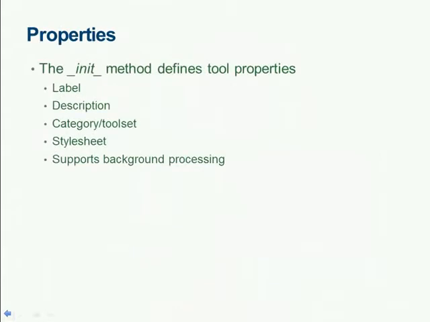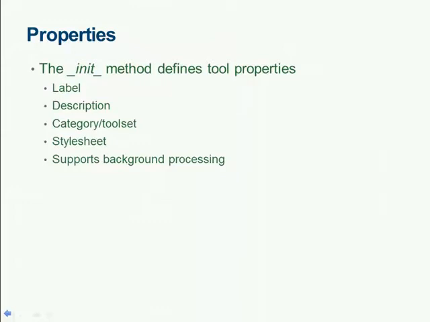So when the tool is initialized, it's going to get some of the properties that we've defined in the tool class, such as its label, the user-friendly name that shows up in catalog, and a description, which is some additional information about the tool. We can specify a category or tool set. So the tool set is a property of the tool, and that's how we can add additional tool sets to our Python toolbox.